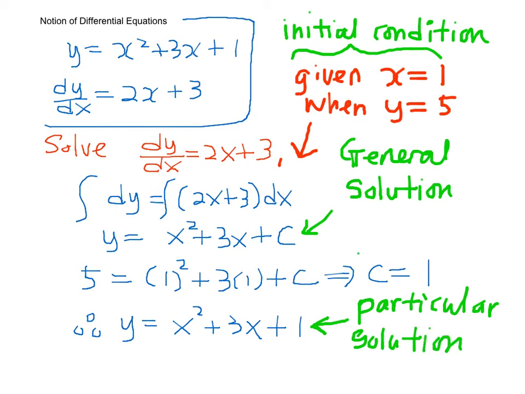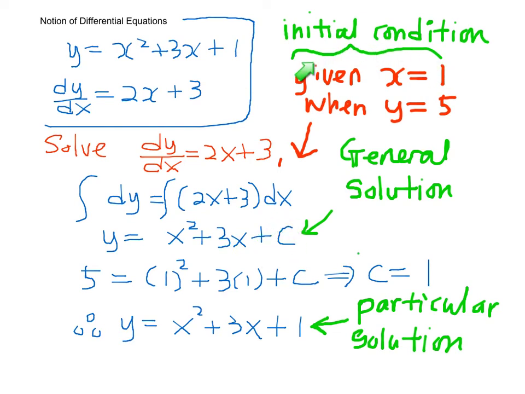So let me recap. An ordinary problem, but now a different looking problem where the differentiation is given in an equation, and you're being asked to find the function y. If a condition is not given to you, you will integrate this, get this, and this solution is called a general solution because the c is unknown.